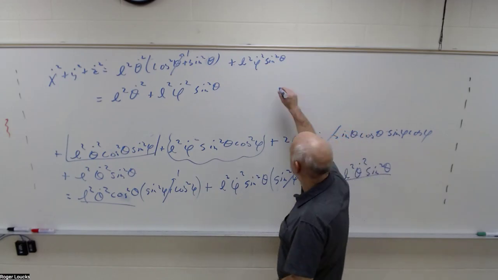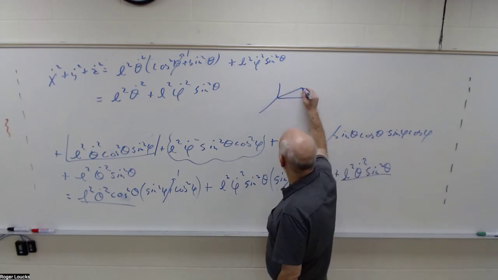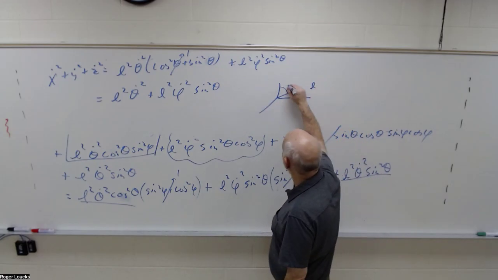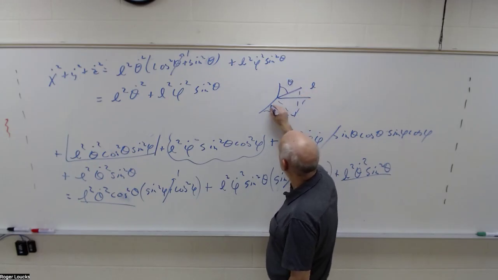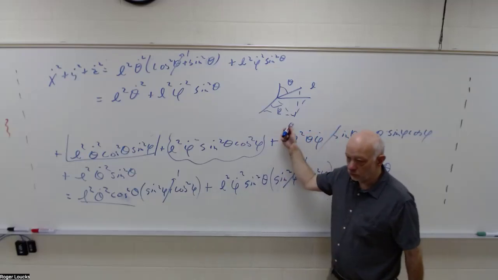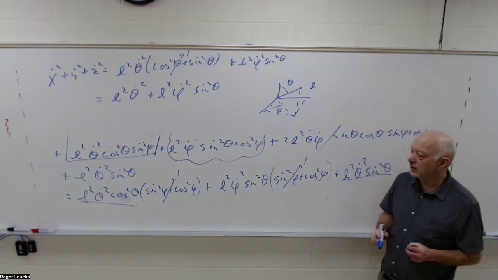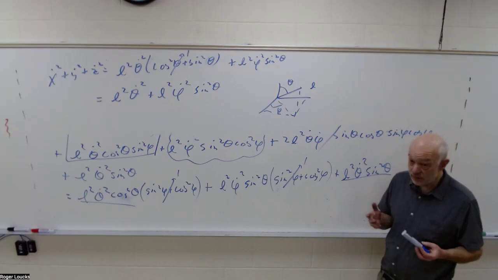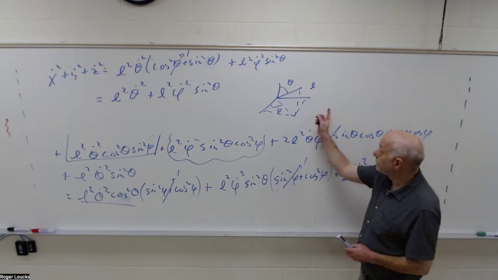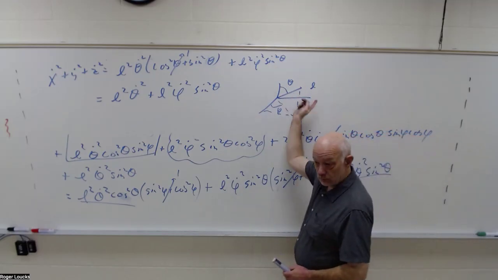Here's my L, here's my theta, and here's my phi. It's going to be easier for me to do it this way. What is L theta dot quantity squared? Like R omega. That's just R omega this way, right?